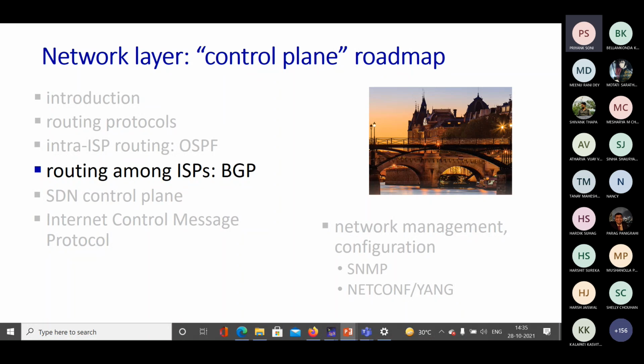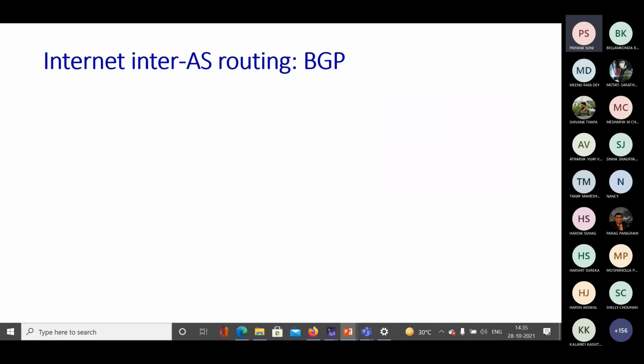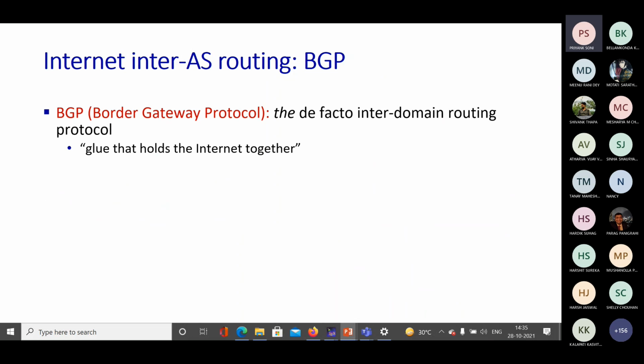Now we are going to study inter-AS routing protocols. How does routing happen among different ISPs? The routing protocol that we are going to study is BGP, or Border Gateway Protocol. This is a very important routing protocol and very interesting also. BGP is the de facto inter-domain routing protocol.